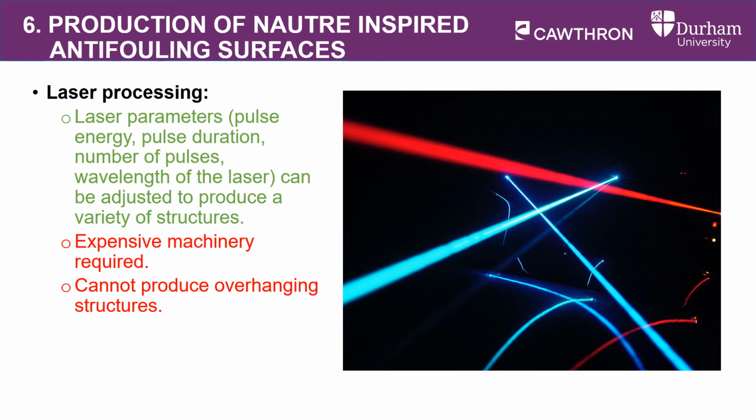The short duration of laser pulses also reduces thermal damage to the surface, and so laser processing can be used on a wide range of materials, including metals, ceramics, and polymers. However, laser processing machinery is expensive, and due to the nature of the process, overhanging structures such as salvinia leaf replicas cannot be produced.